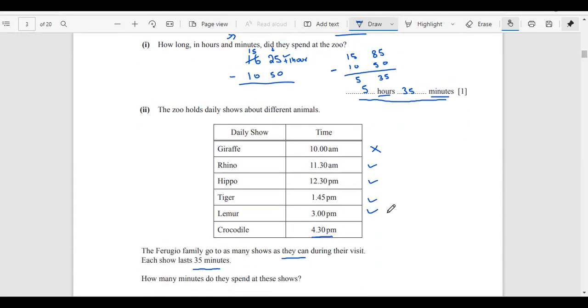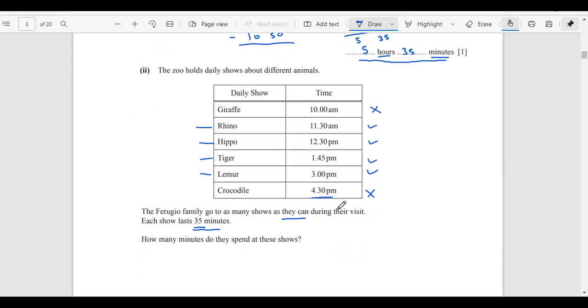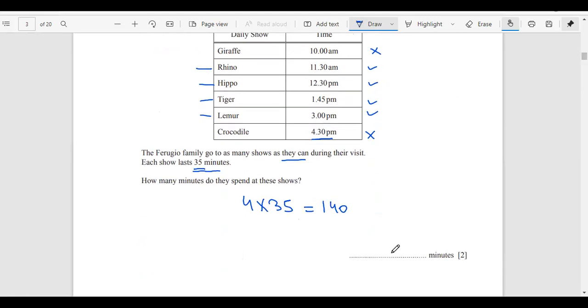So this means that they were not able to watch the last show as well. So in total, they were able to watch one, two, three, four shows. Each show lasts for 35 minutes. So that means the number of minutes are going to be 4 multiplied by 35, and that would be 140. Yes, that would be 140. So the answer is 140 minutes.